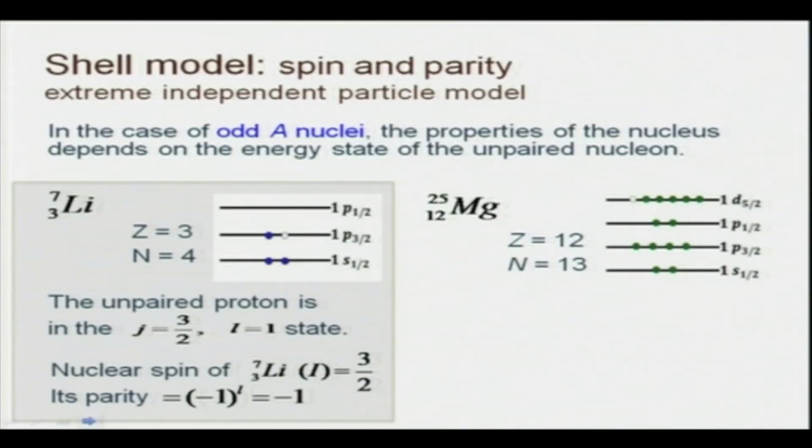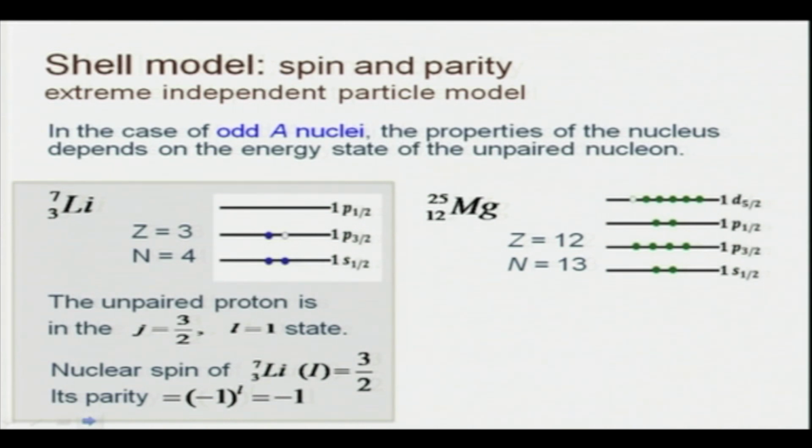And you can take some other example, say magnesium 25, with 12 protons and 13 neutrons in it. Since the proton number is even, all of them are paired, and they do not contribute anything to the spin and parity.